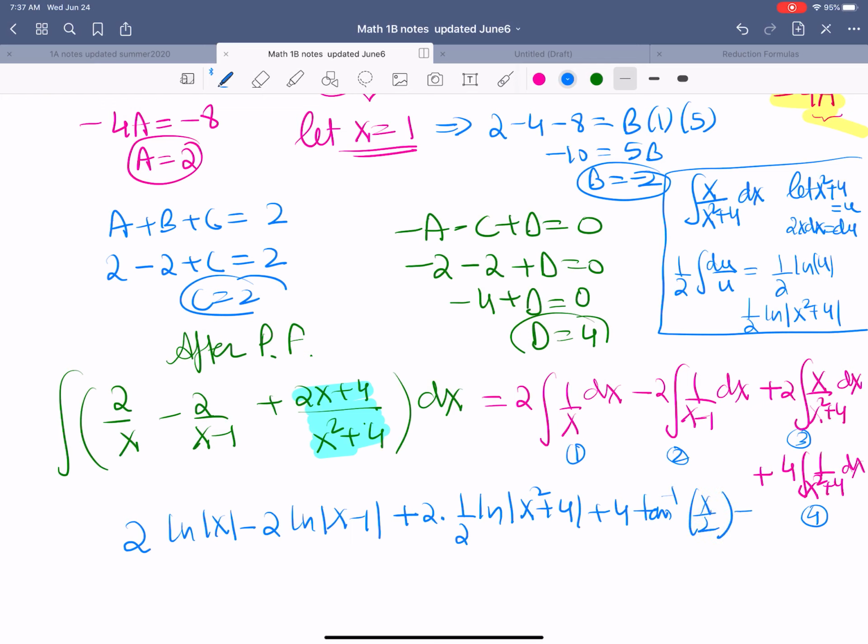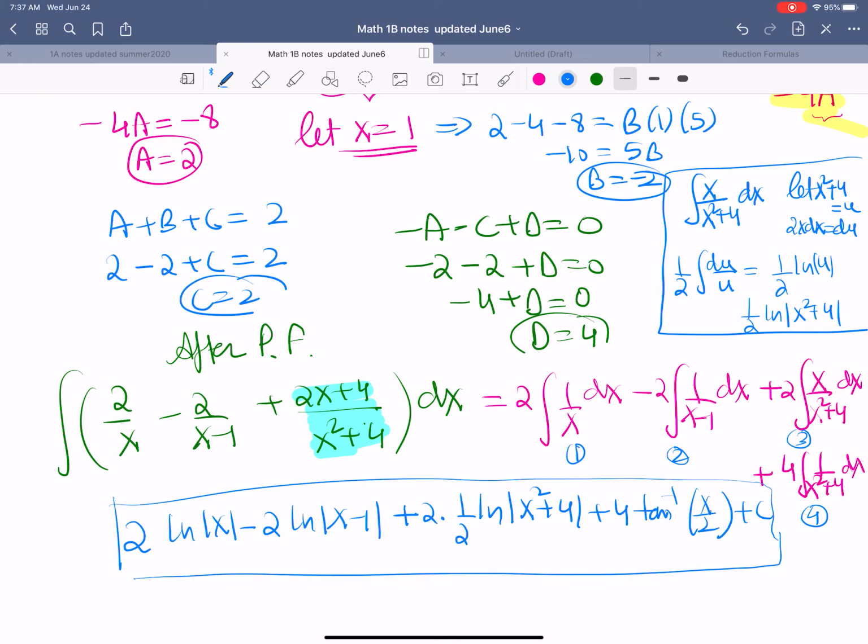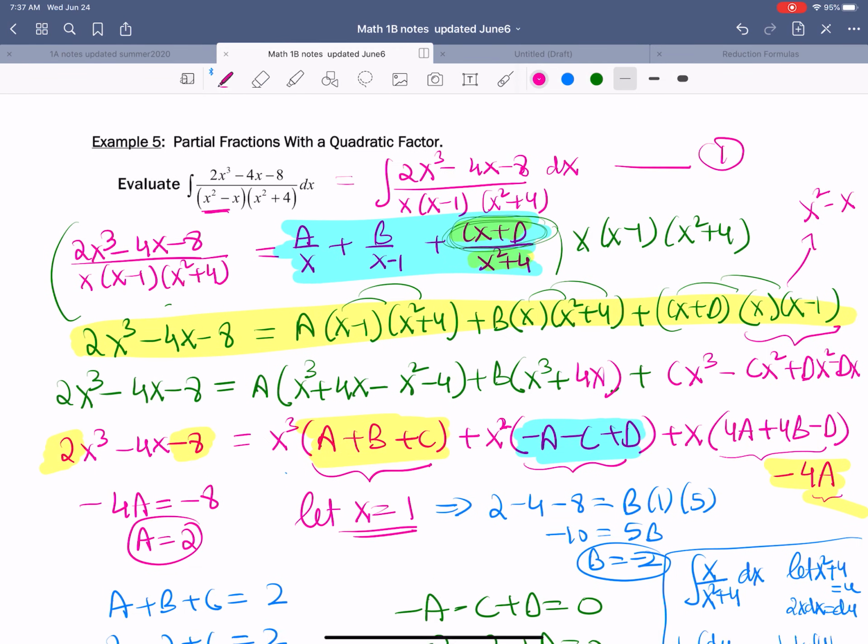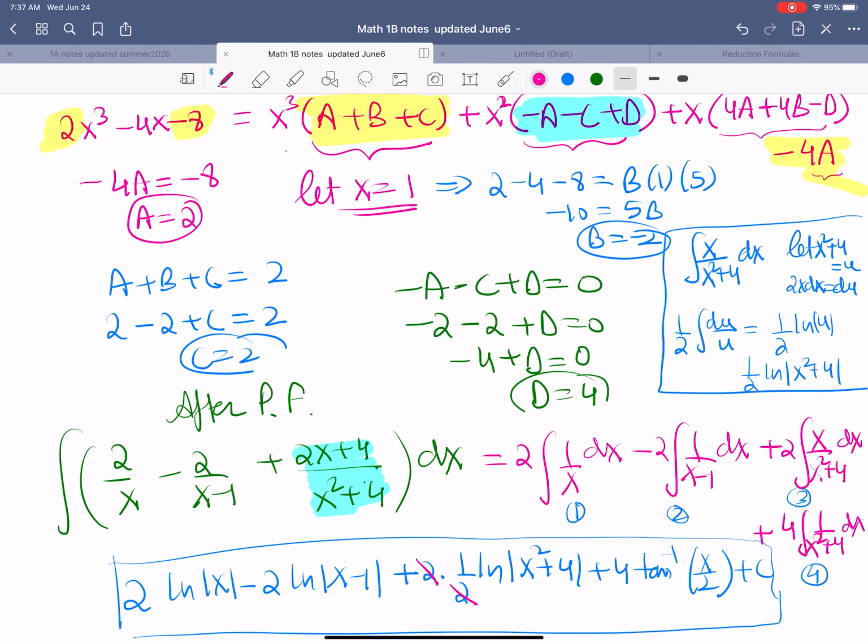Again, you can do the u substitution in there. In number 4, this is what we would be left with, 4 tangent inverse x over 2. And we can cancel this 2 and 2. Okay, I think I covered pretty much all the different types of partial fractions examples.